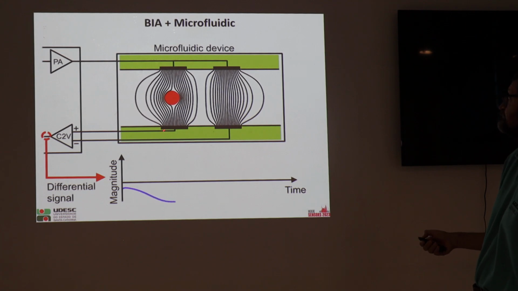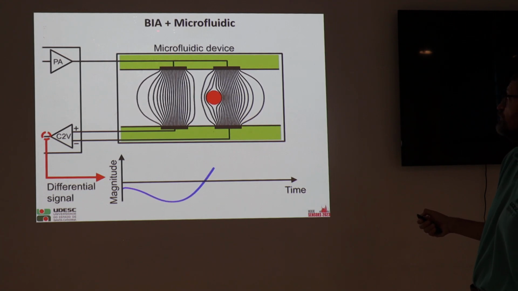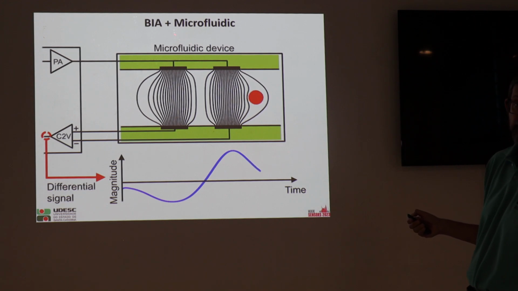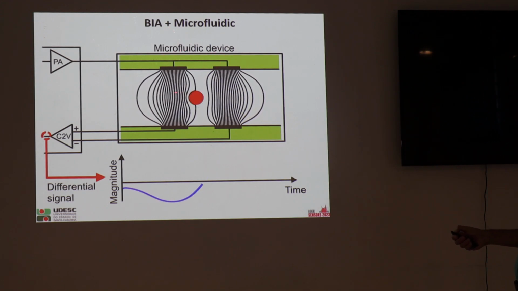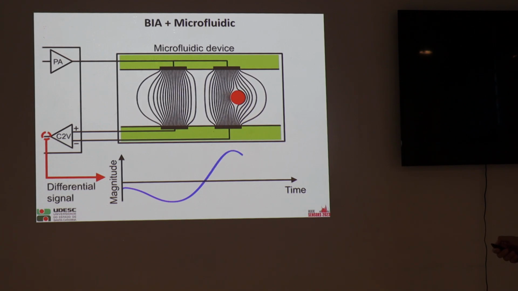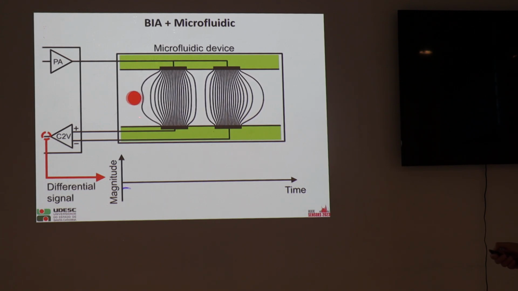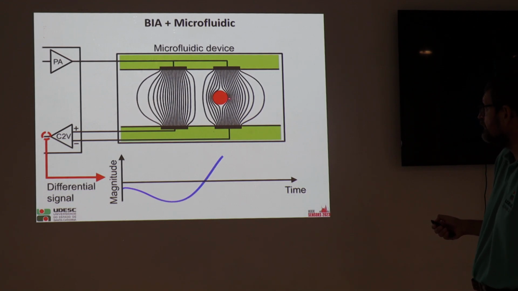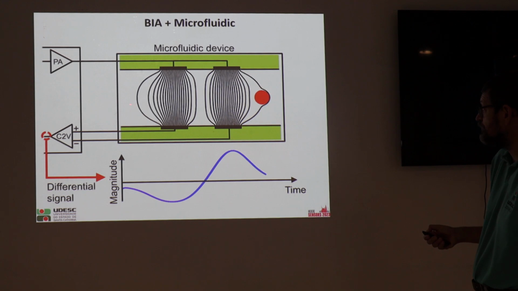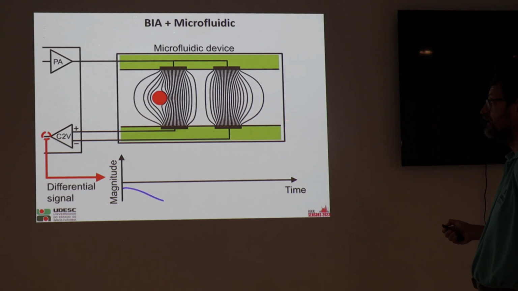As you can see, people have also been using bioimpedance spectroscopy with microfluidic devices. Look, it's a very narrow tunnel, and this is the molecule which is being attracted to pass through this tube here.